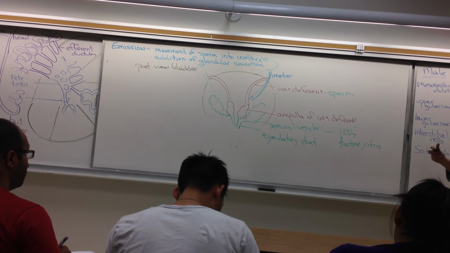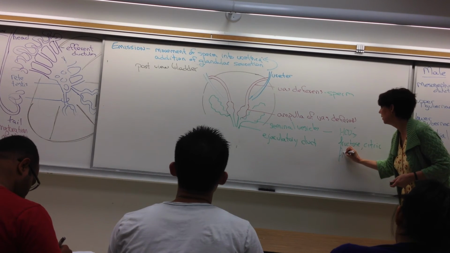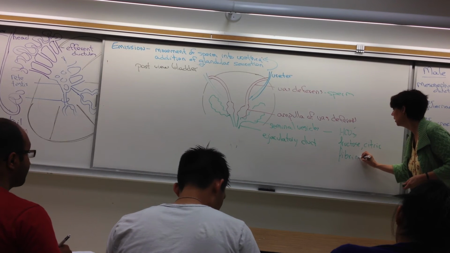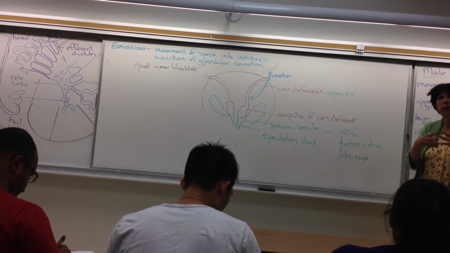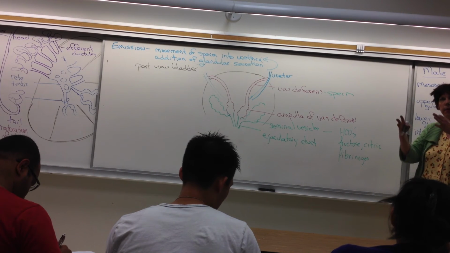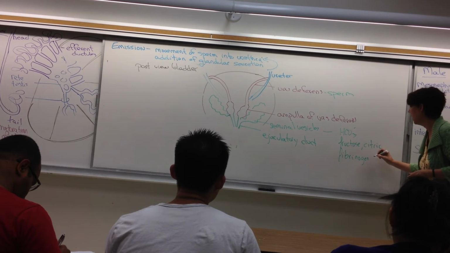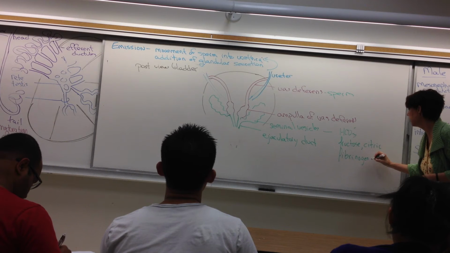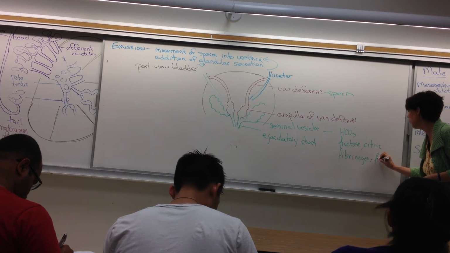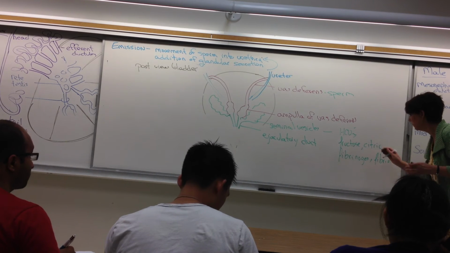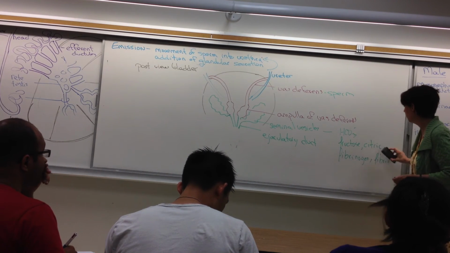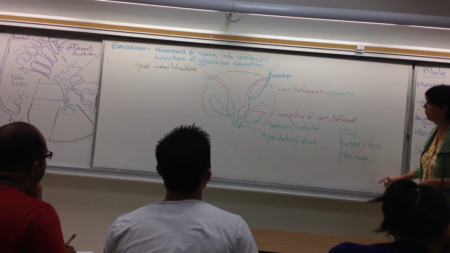There are also clotting agents that will coagulate the seminal fluid for a short period of time as the sperm become oriented towards the oviducts, and well, I'm not going to write it on there, it's another protein that breaks down the fibrinogen.